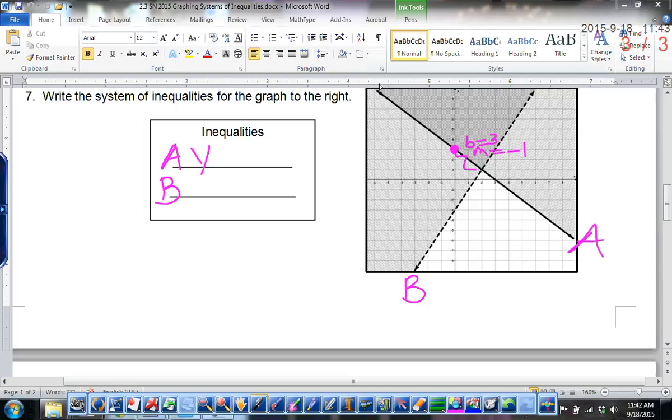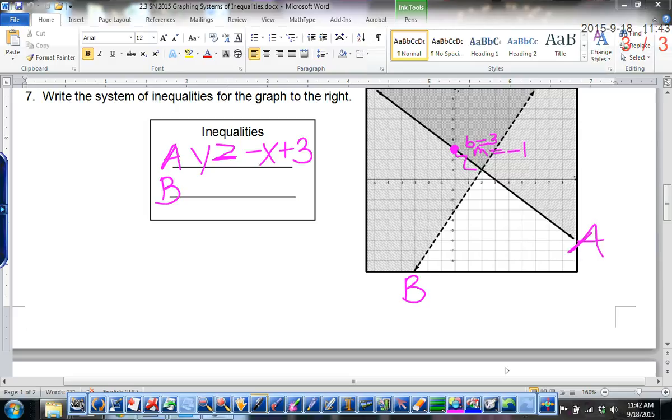Is this a solid line or dotted? Solid. So we know we're going to have an equal to. Are we shading above this line or below that line? Above. So y is greater than or equal to negative 1x plus 3. Everyone see where we came up with that?